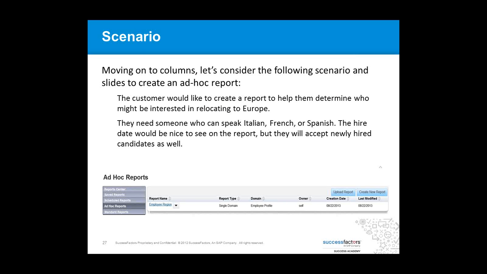In the columns, you can add scenarios or items you want to view in the reports. For example, if you're talking about relocating to Europe, you can add people who can speak Italian, French, Spanish, and you'll be able to hire people based on their abilities to speak French, Italian, or Spanish, and you can view the report.